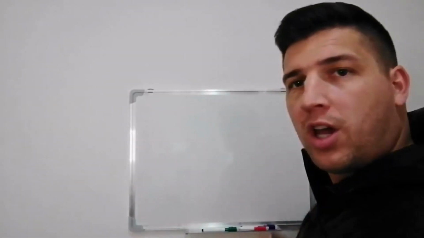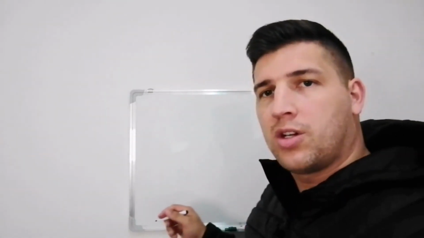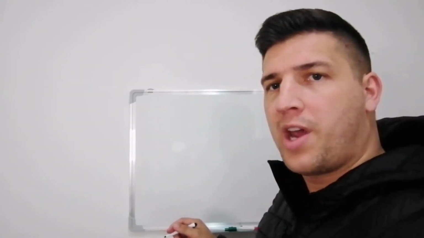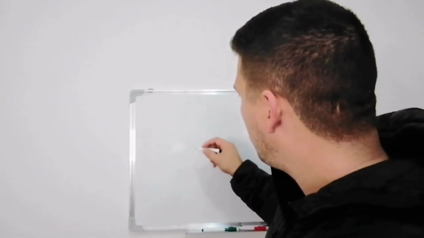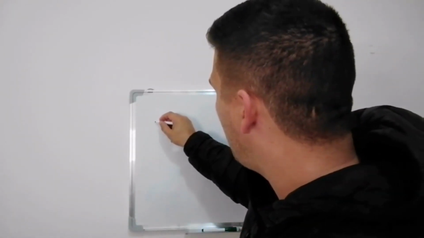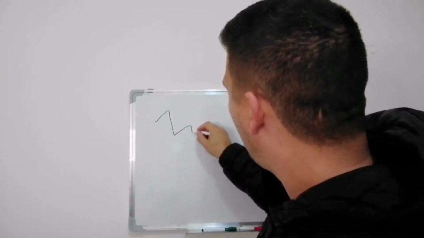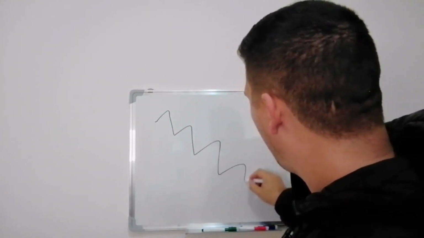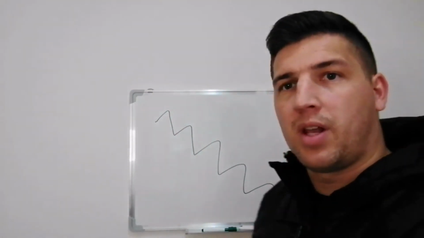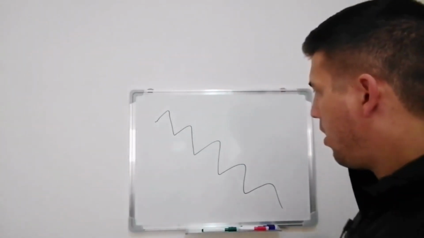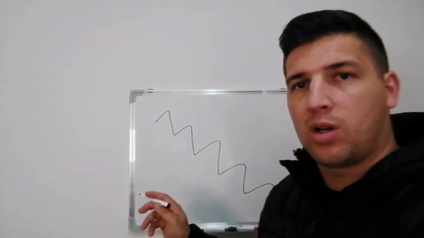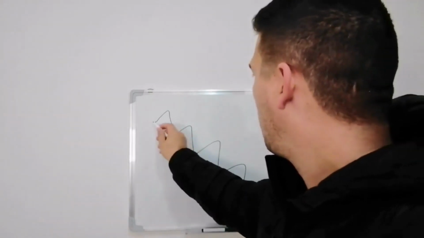So now we're going to be looking at the second market condition that we can have a trade placed on. And essentially it's going to be starting up here, may go up, something like that, all right? And what we're going to see here, we're going to draw a trend line.